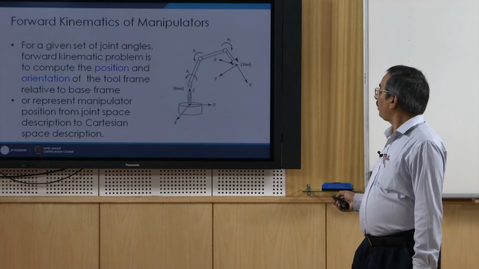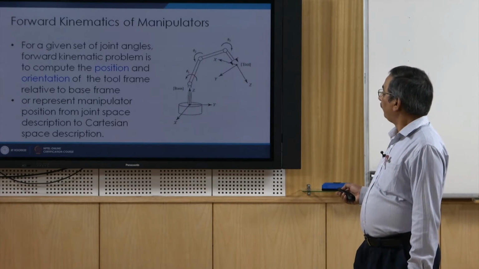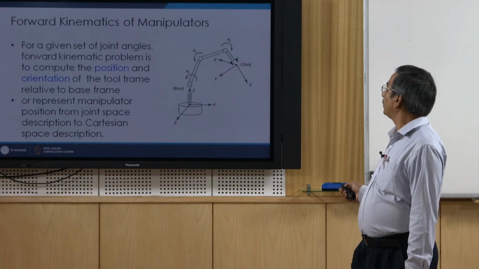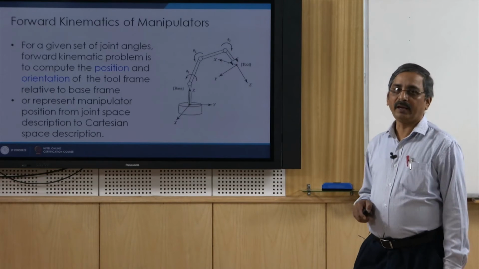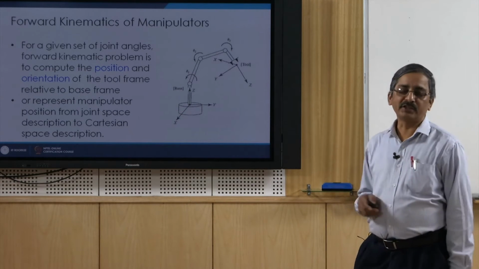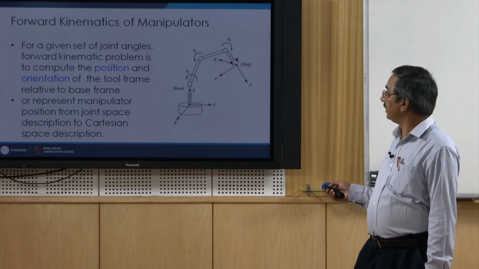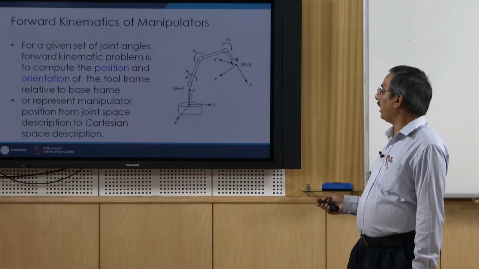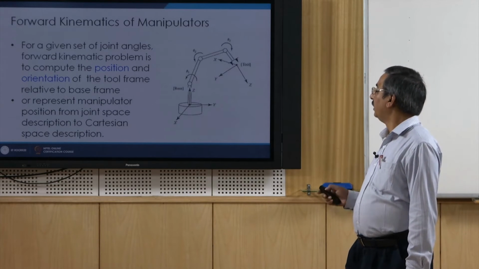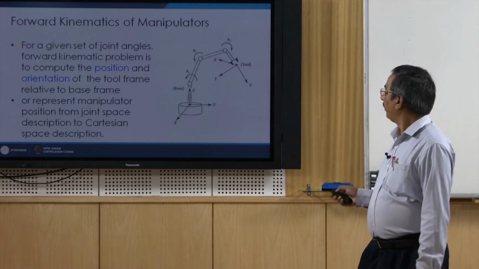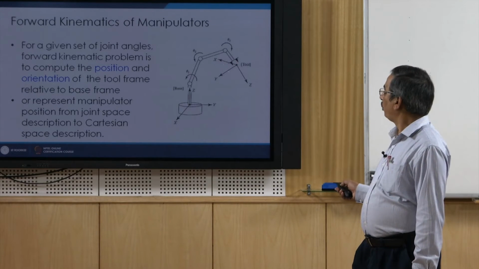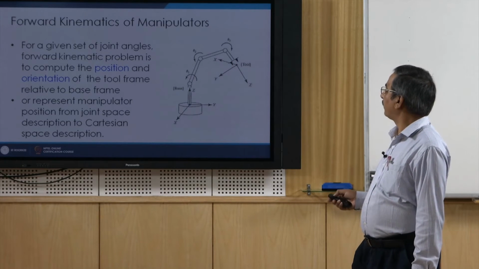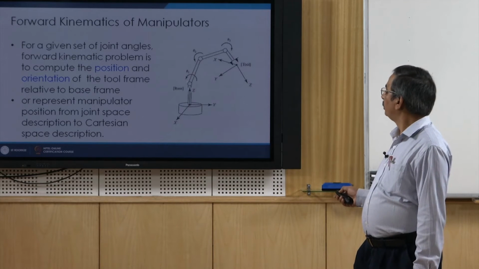So, the forward kinematics basically means that for these given joint angles, what are the Cartesian coordinates of the tool, of course with respect to a reference coordinate system. So, here the forward kinematics problem is to compute the position and orientation of the tool frame relative to the base frame, for given joint angles.